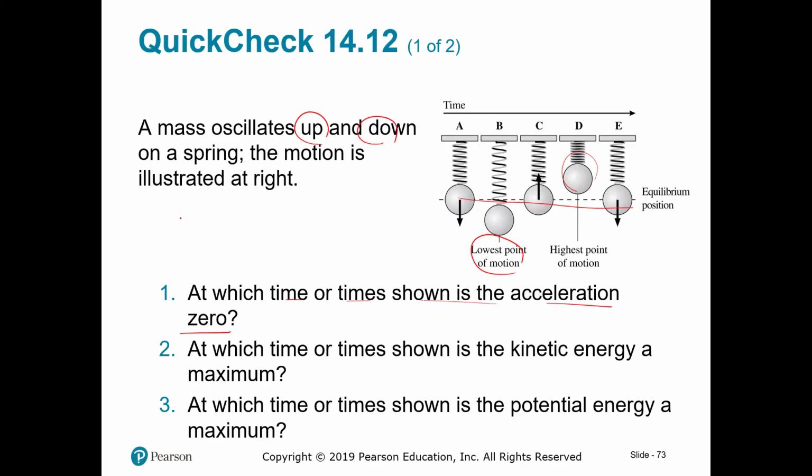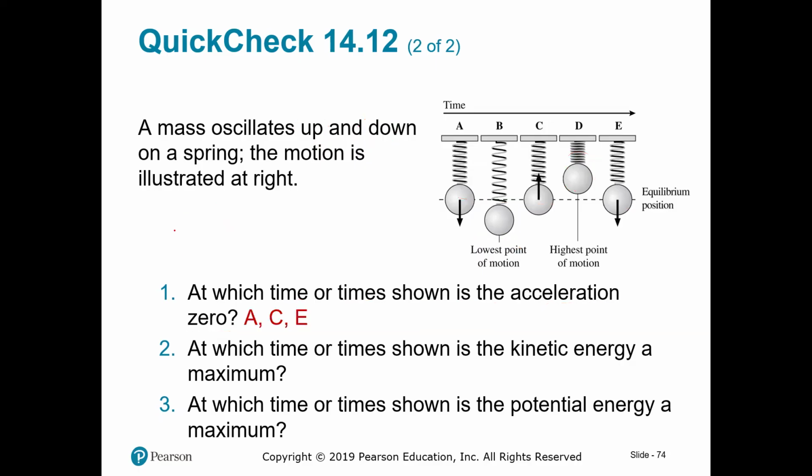So assuming you have a spring, when do you have maximum velocity? At the middle point. When do you have maximum acceleration? At both ends, right? Why? Because the force is minus kx, right? So that means when x is maximum, your force is maximum. So your acceleration is maximum as well, right?